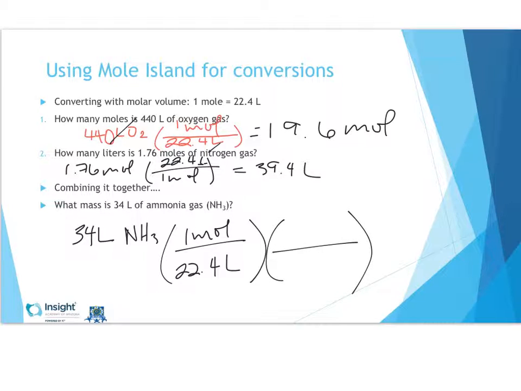And now to cancel out moles, that has to go on the bottom. I'm going to put the molar mass on top, which was 17. Now you can see that the liters cancel, the moles cancel, so now I just have to apply my math. 34 divided by 22.4 times 17, which is 25.8 grams.